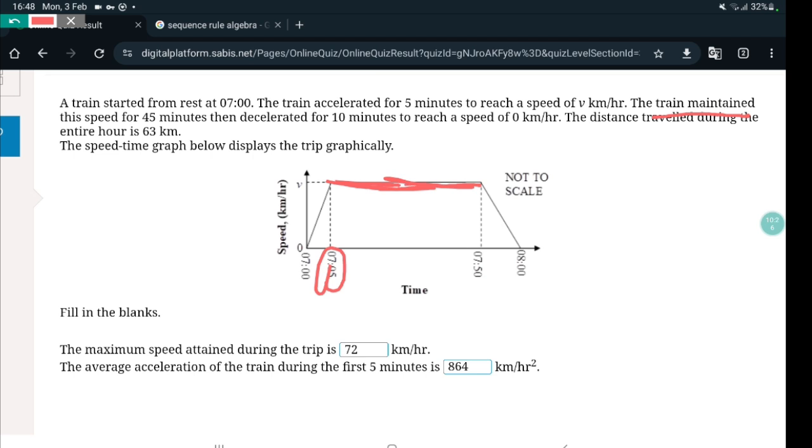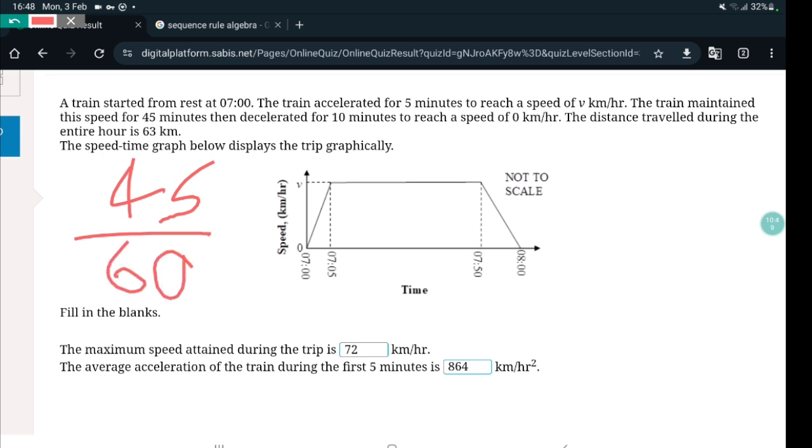So it's this for 45 minutes. So one of the bases is 45 minutes. But pay attention, they want it in hours. So it's 45 out of 60, because each hour has 60 minutes, of course we all know, for base 1.